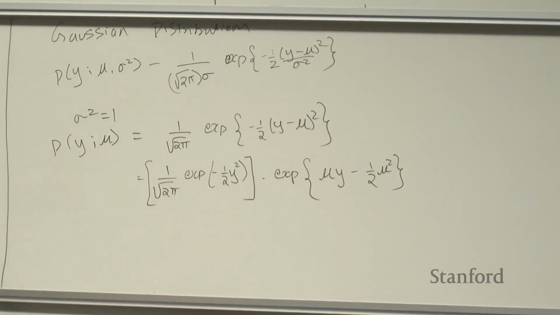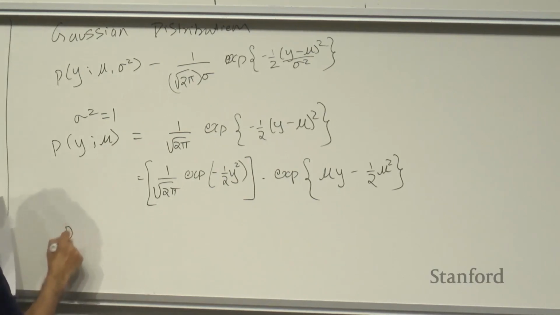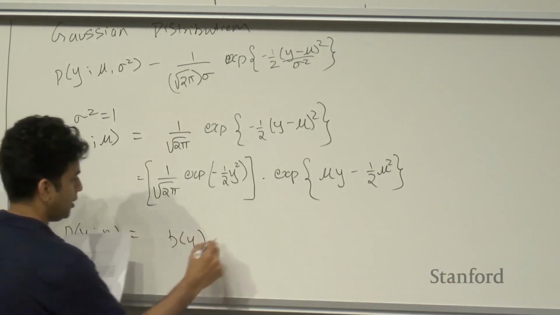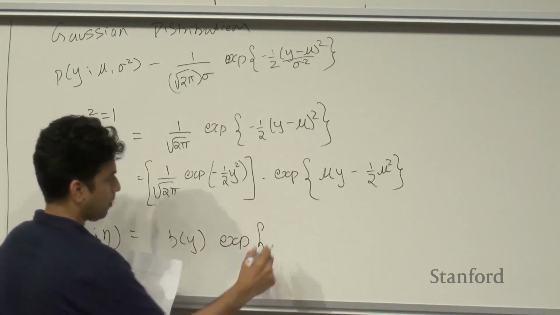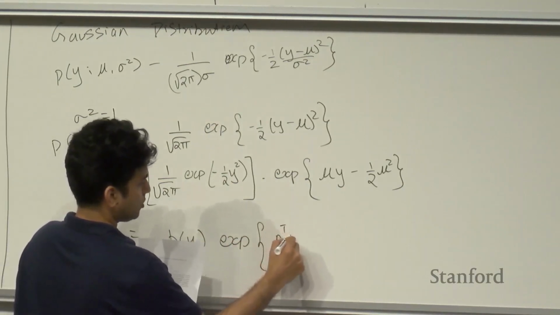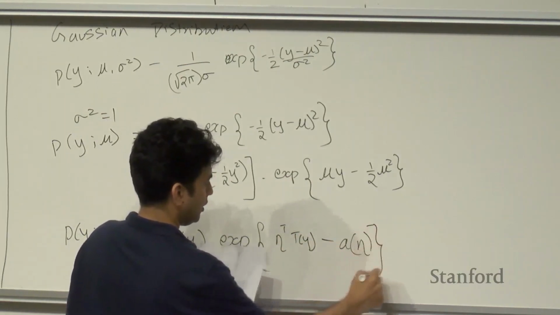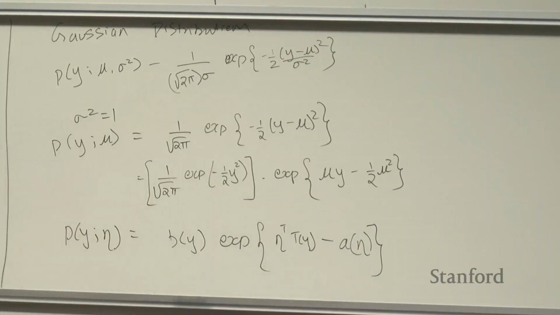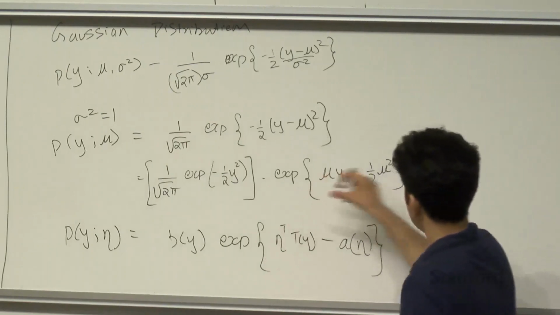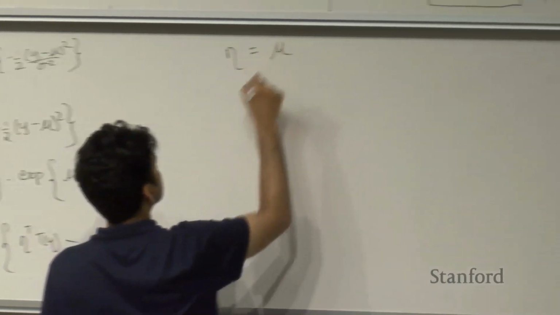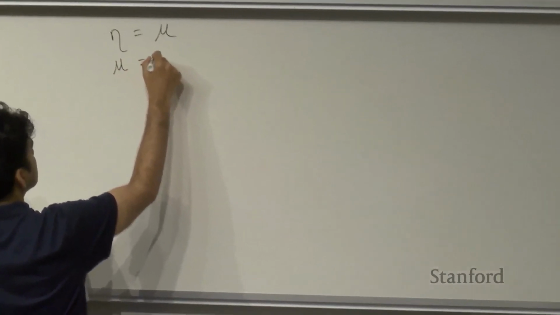And with this, we can again do the same pattern matching exercise. P of y given eta equals b of y, exponent of eta transpose T of y minus a of eta. And doing this pattern matching, we see that eta equals mu in this case. Eta equals mu, and similarly mu equals eta.